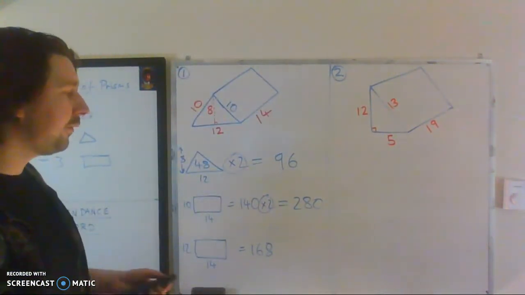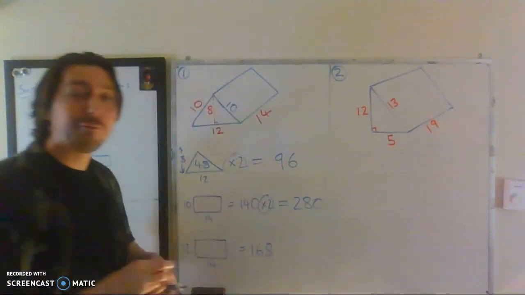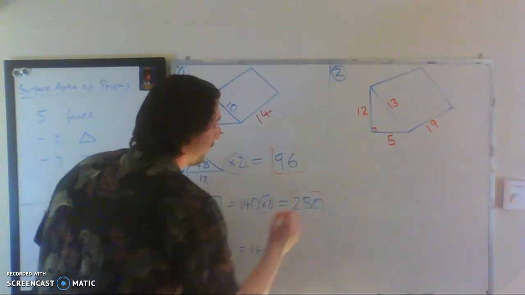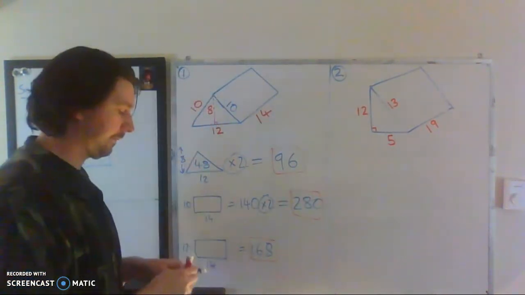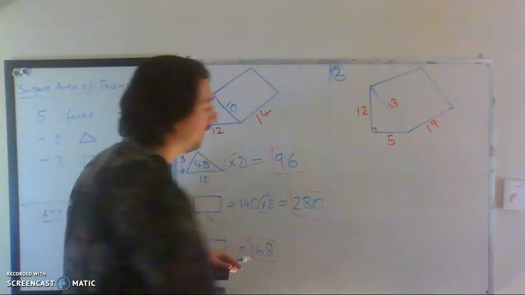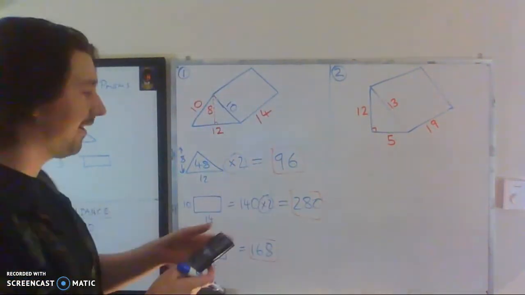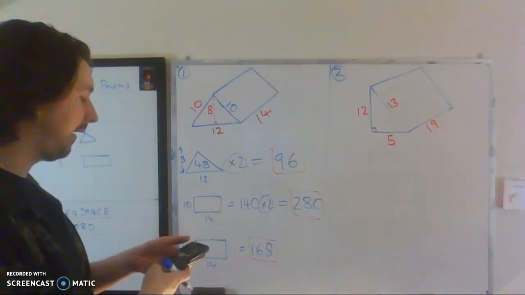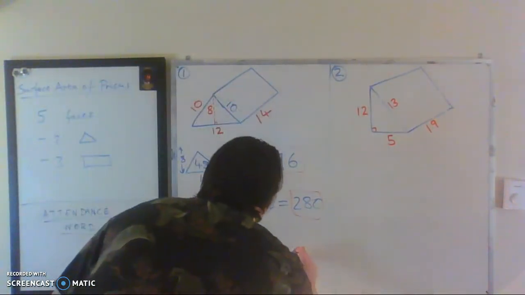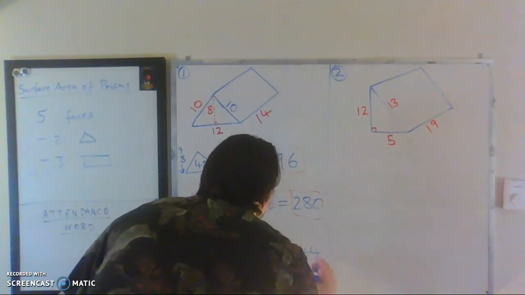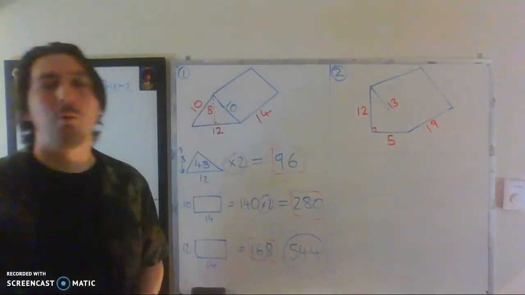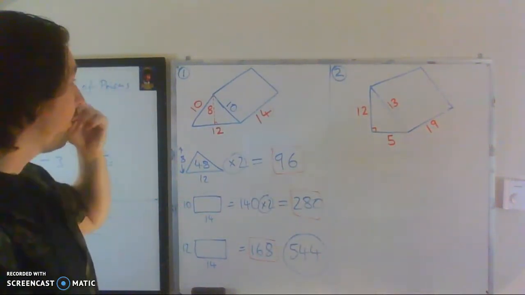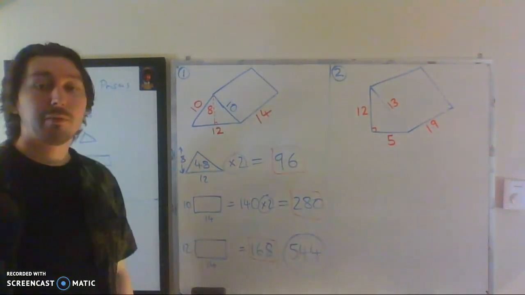So all I've got to do then, to get my final surface area, is add up these 3 numbers for this question. And if you do this a slightly different way, that's okay, as long as you get the right answer. 168 plus 280 plus 96 is 544. And I'm not going to worry about the units. 544. Okay, so let's move on to number 2 now.